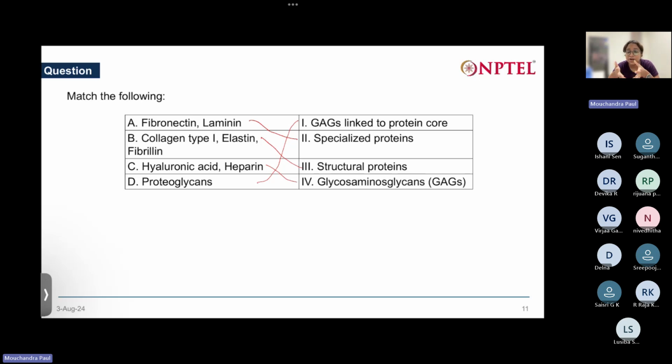So the main function of GAGs: anyone, what do GAGs do in a tissue, why are GAGs needed? Impact viscosity. Viscosity, okay, fine. But would anyone like to say it in a better way?